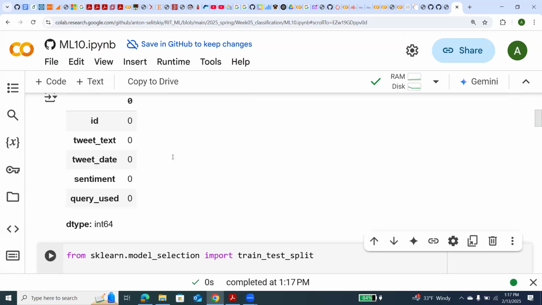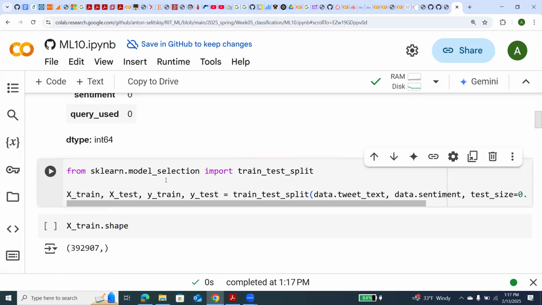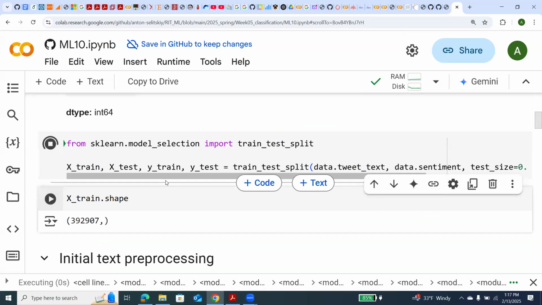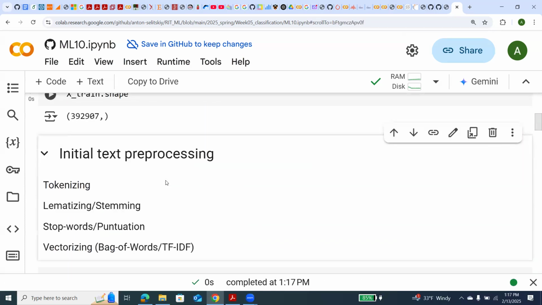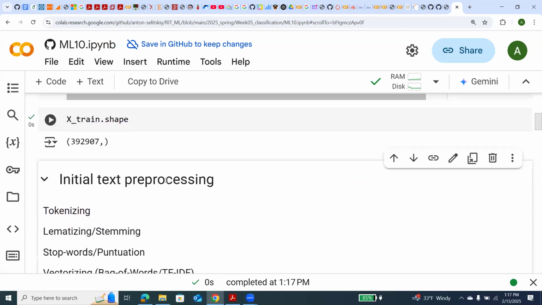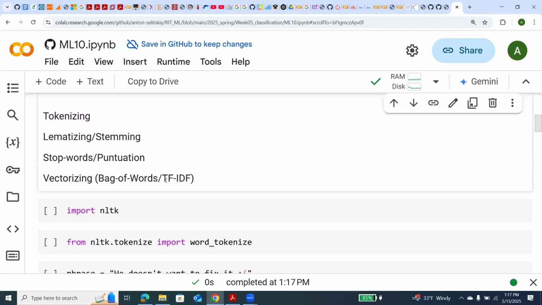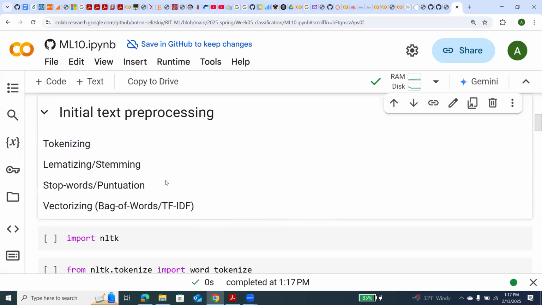We check if there are missing values. There are not, it's fine. We don't need to clean the data. Split into train test. So we have about 400,000 records. And now we will go through this pipeline.